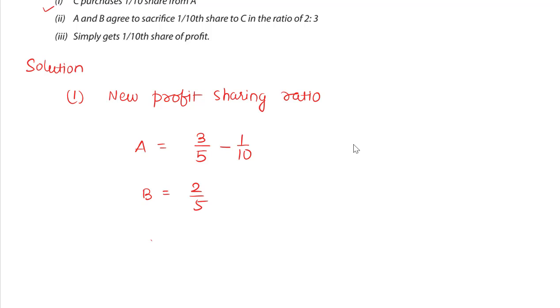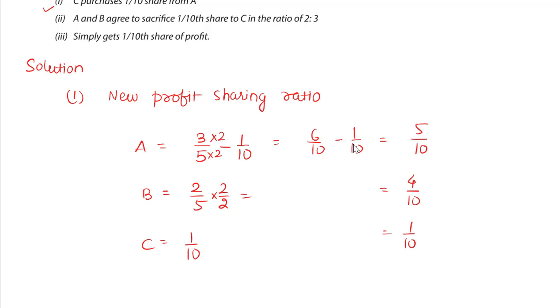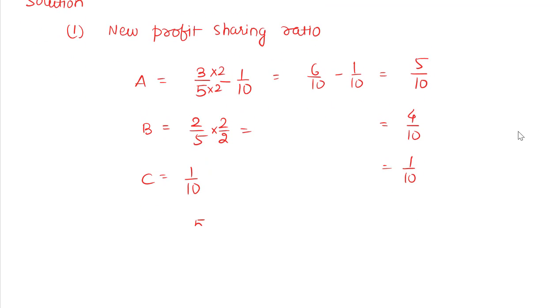B is 2 by 5 and C is 1 by 10. 6 by 10 minus 1 by 10 equals 5 by 10. 2 by 5 multiplied by 2 by 2 is 4 by 10 and over here it is 1 by 10. New profit sharing ratio is 5:4:1. I believe you understood.